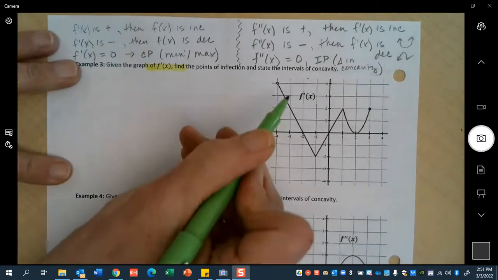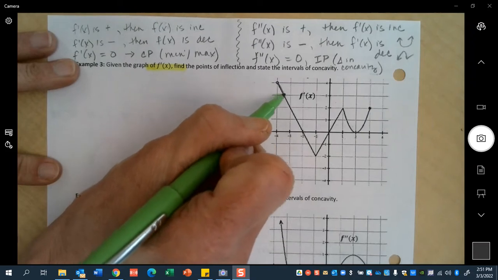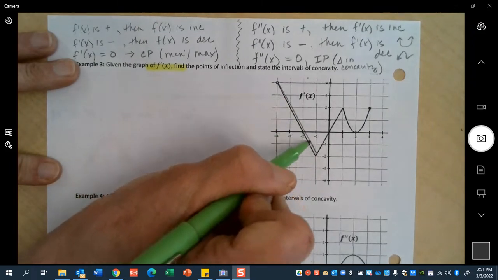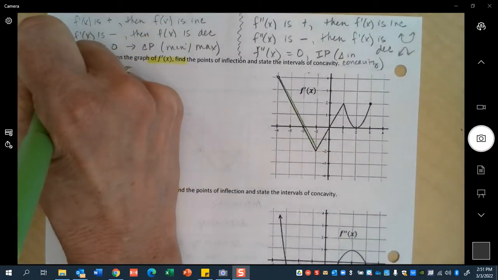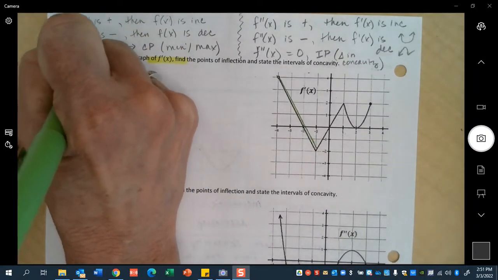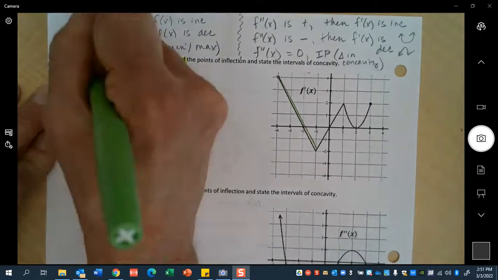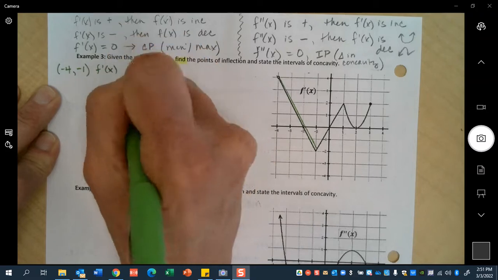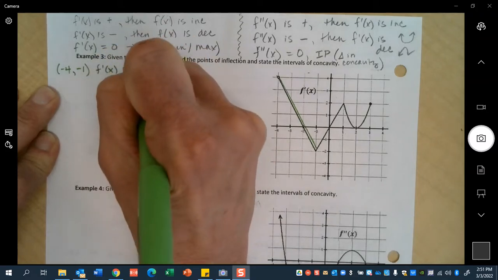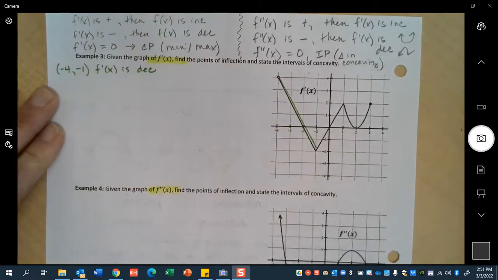When I'm going from an x value of -4 to an x value of -1, so on the interval of -4 to -1, the value of my derivative is decreasing.